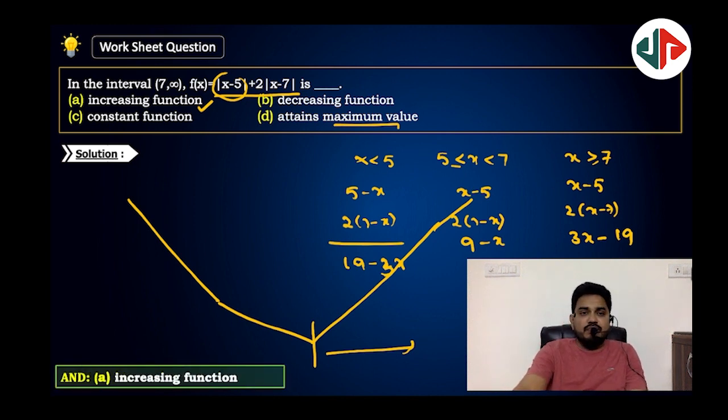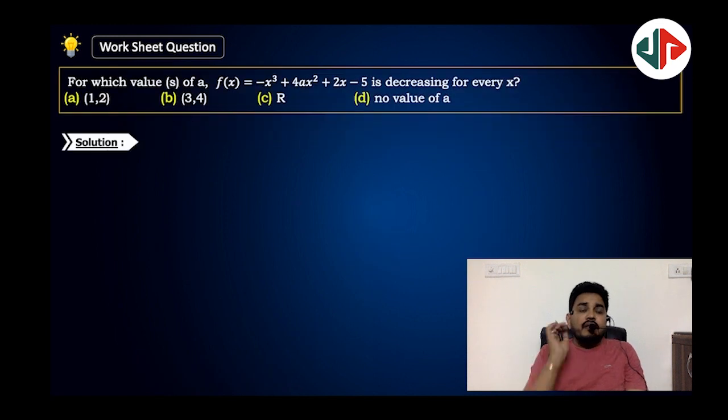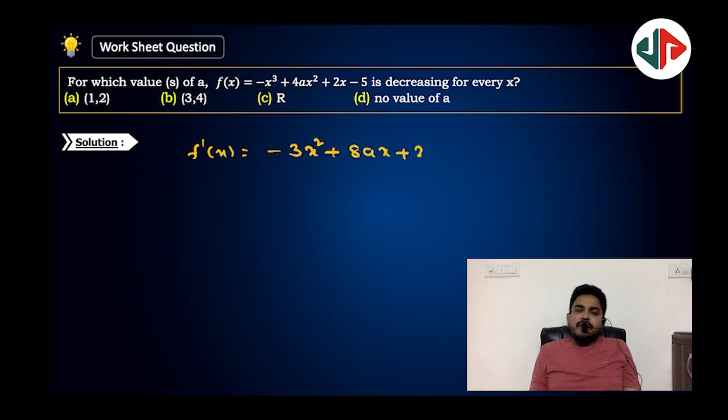Next, for which values is the function decreasing for every x? f dash of x is equal to minus 3x square plus 8ax plus 2.